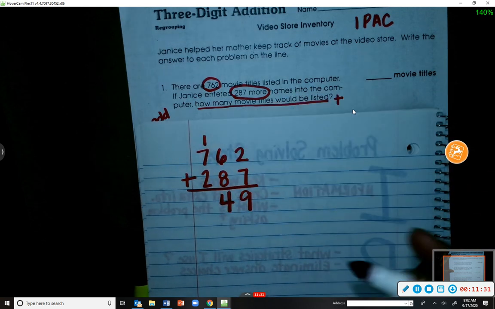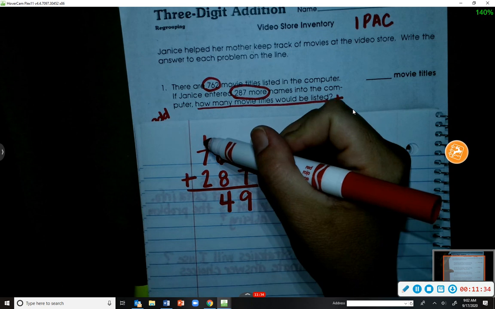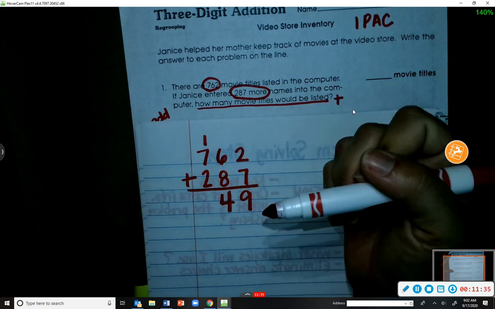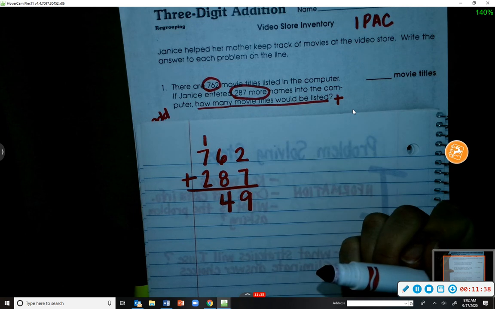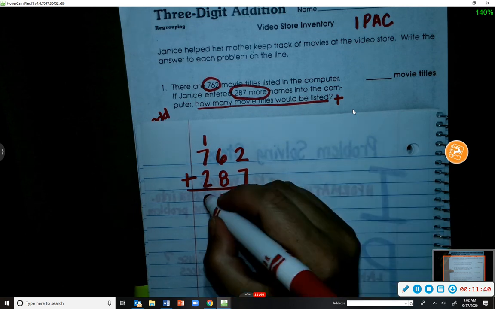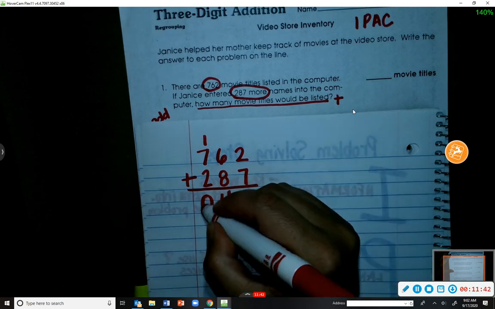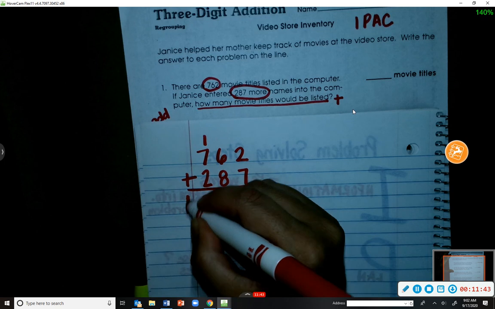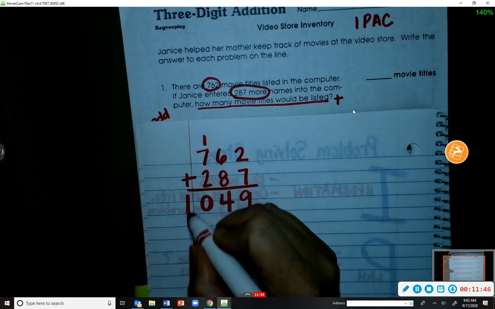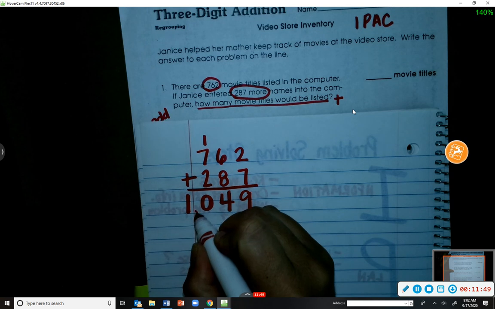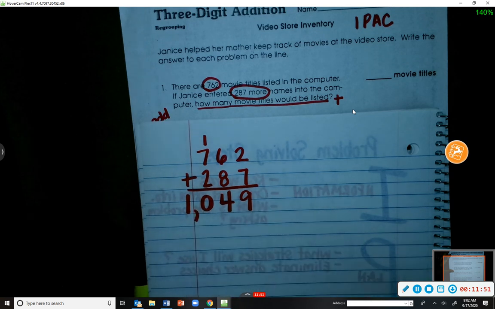Okay, now don't forget to add that. So it's 1 plus 8 plus 2, which is 10. Now we can go ahead and put both digits down, so we put the 10 down, but make sure we go back and add a comma. Okay, so that was our answer.